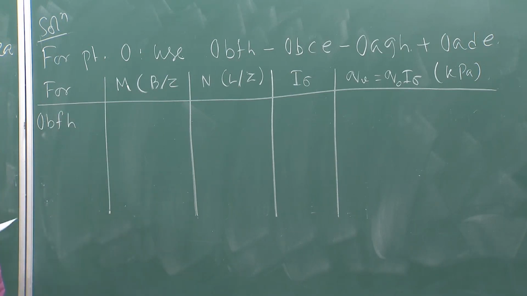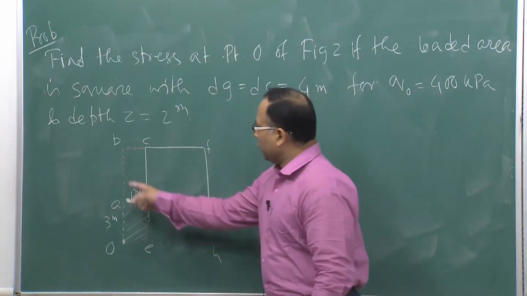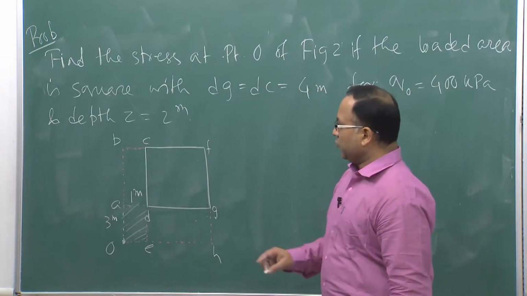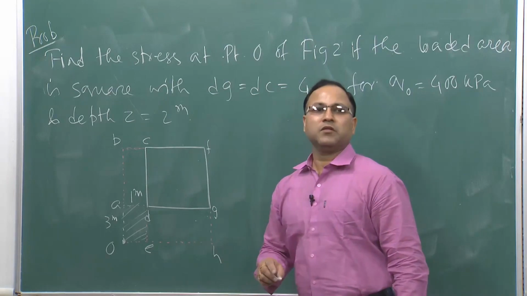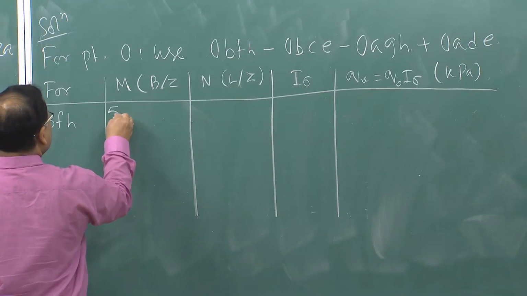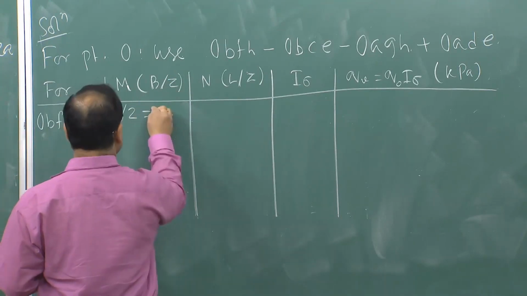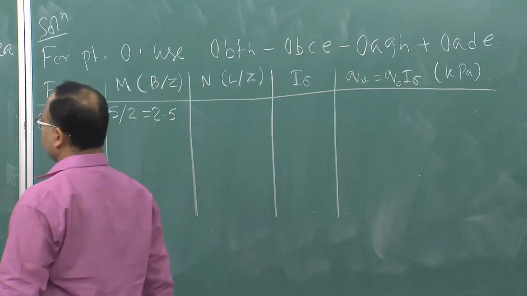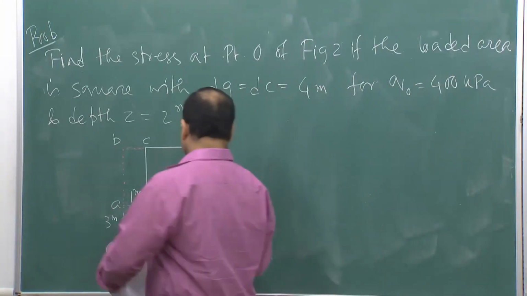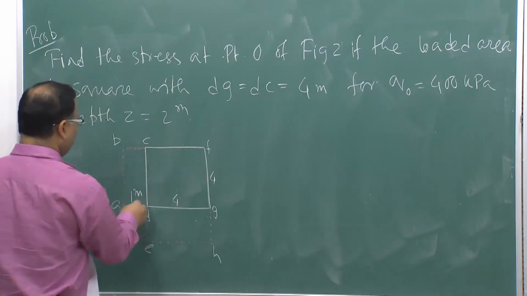Okay. Now, for OBFH, what is the value of m? What is the value of B and what is the value of L? The value of B is 5 meter, right. So, B by z will be 5 by 2 is equal to 2.5. How is it coming 5? This is your 4 meter by 4 meter, 4 plus 1.